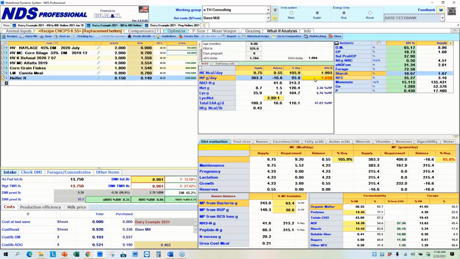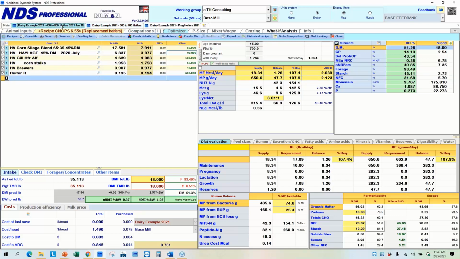As we work our way up to pregnant animals, let me jump to the next group. This would be the 300 to 400. This would be good wean from 400 to out of the AI pen.